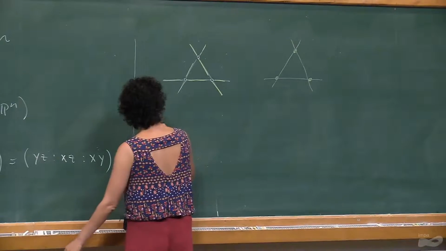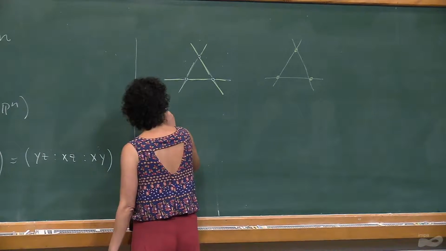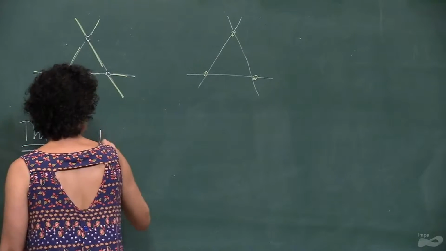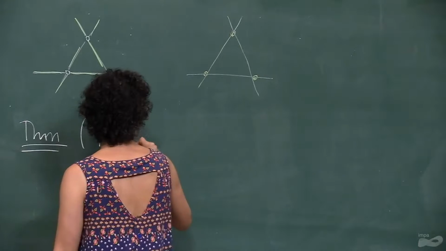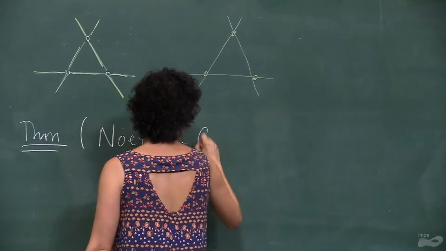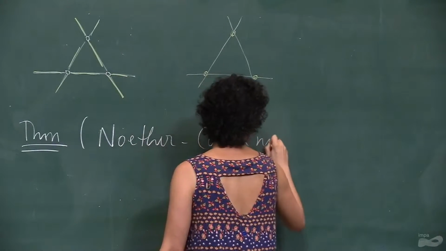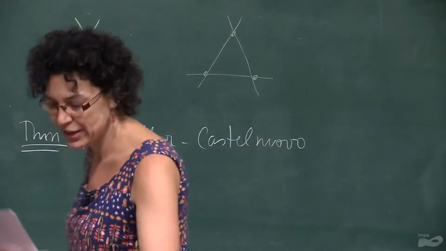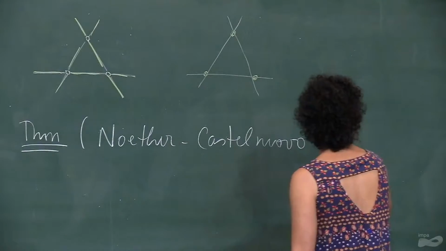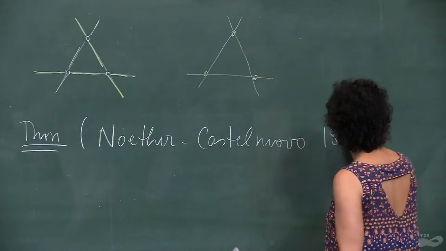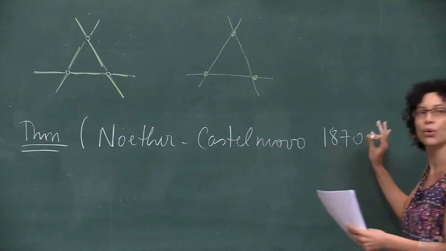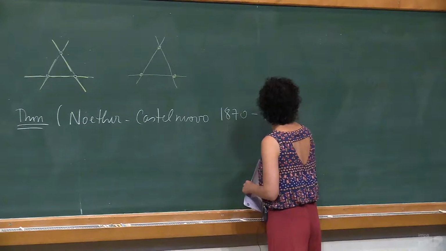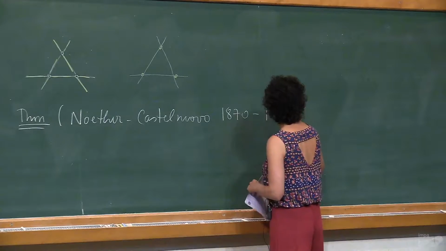But in dimension 2, we actually know more. There is this classical theorem by Noether-Castelnuovo, which dates back to the 19th century. Noether first stated it in 1870. The proof was slightly incorrect, and it was completed by Castelnuovo in 1901.